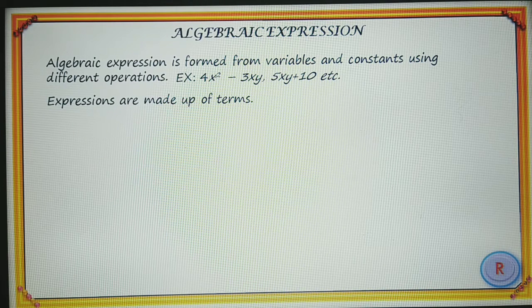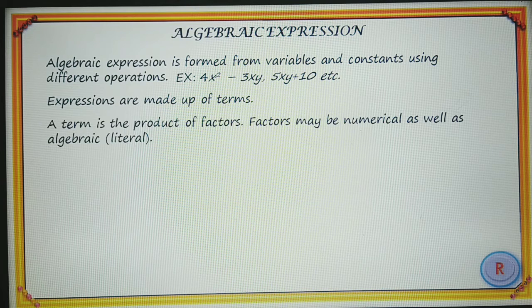Expressions are made up of terms. A term is the product of factors. Factors may be numerical as well as algebraic, that is literal numbers like x, y, z. 4x square, minus 3xy, etc. are called terms.